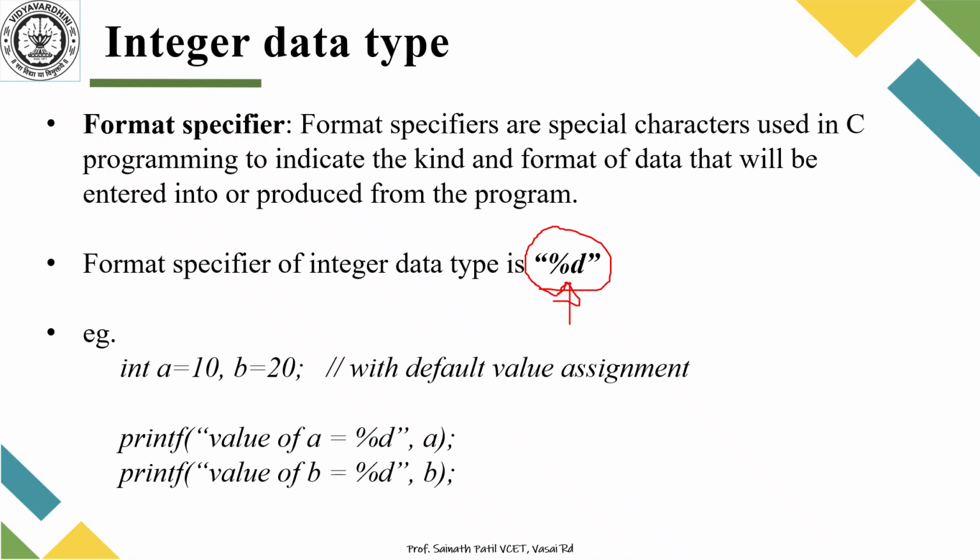And if I want to print these values using the printf predefined function, in printf, in double quotation, value of a is equal to %d, that is the format specifier, comma a. So in place of %d, the value of a will be printed. In this case, the value of a will be printed as 10. Similarly, in the second statement, value of b is equal to %d, where the value of b will be printed. So %d is used as a format specifier for an integer variable.